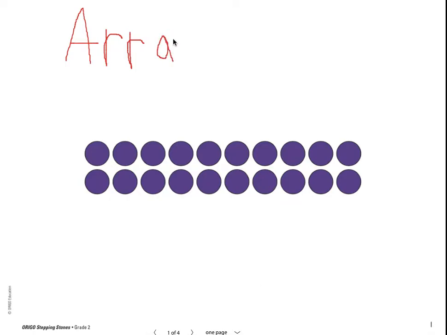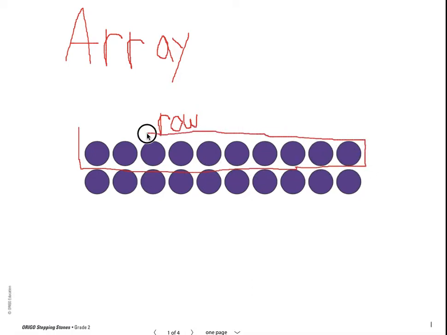Array. Okay, so an array is when objects are in equal rows and equal columns. Okay, so a row is when objects are lined up from side to side, from left to right. So this right here would be a row.